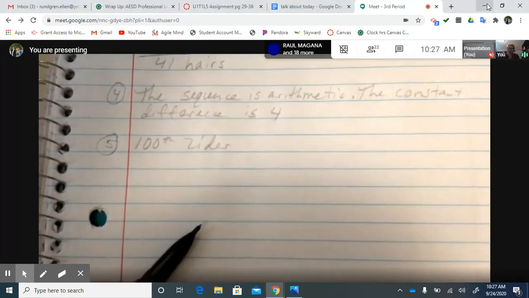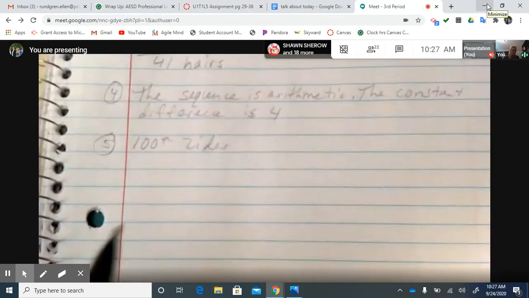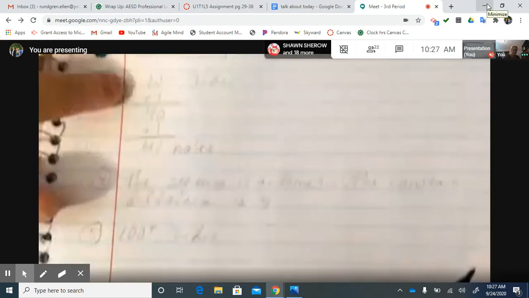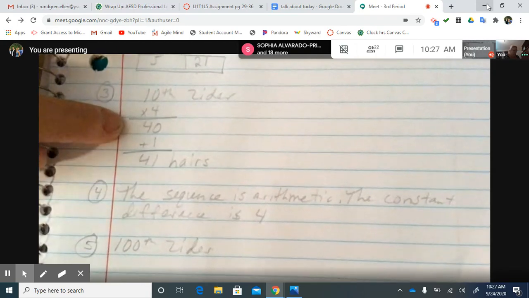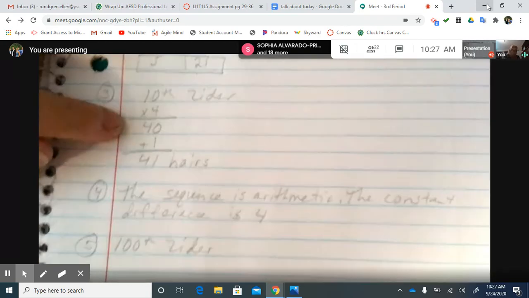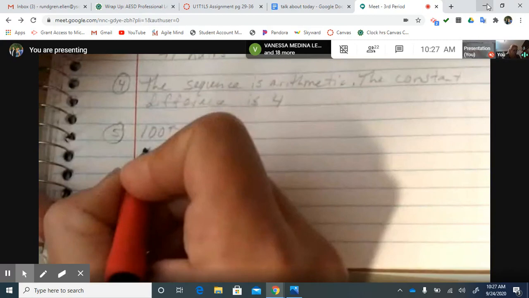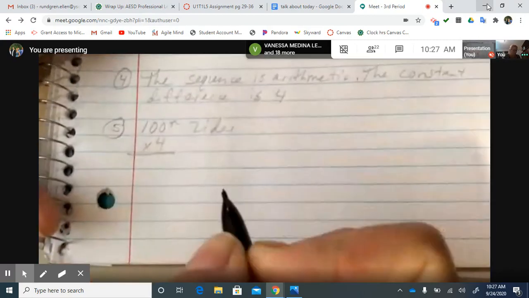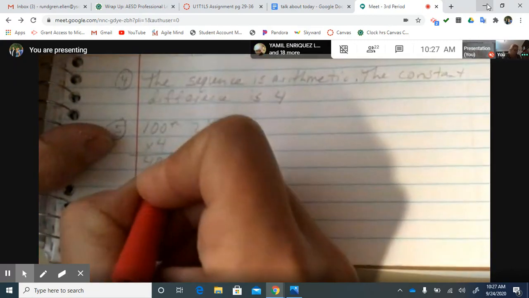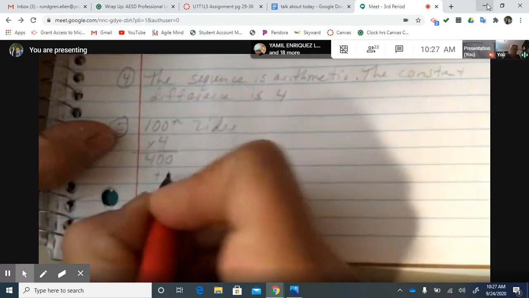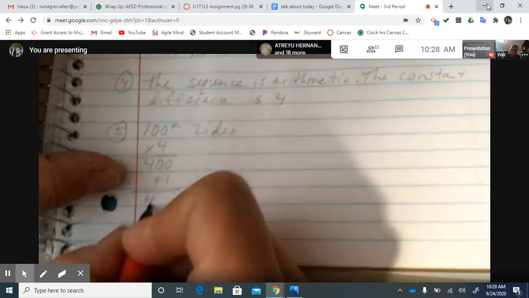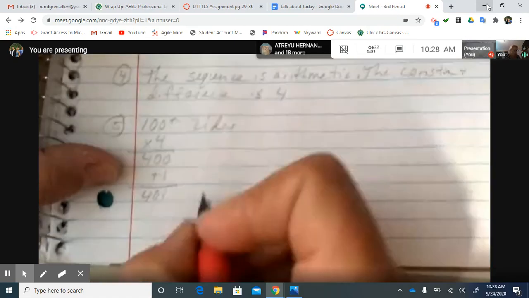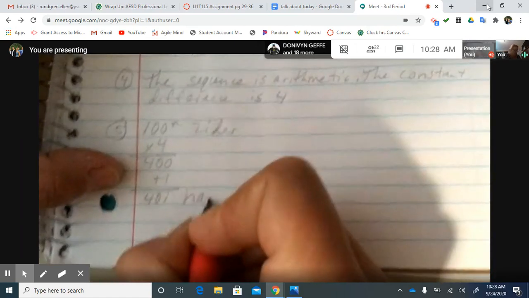We can do that just like we did for the 10th Zyder. It grows 4 hairs each month, so we can multiply by 4 and get to 400. And then we're going to add on that extra hair from the first month. So the 100th Zyder would have 401 hairs.